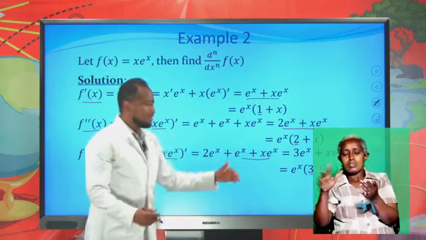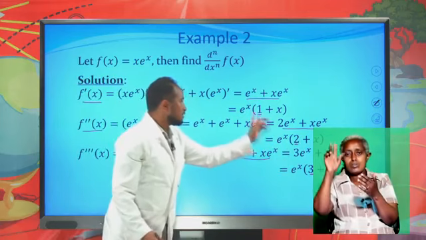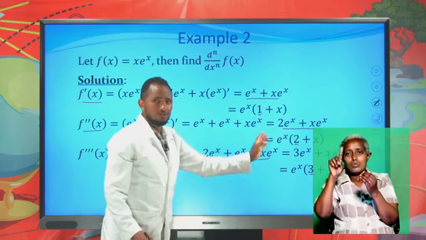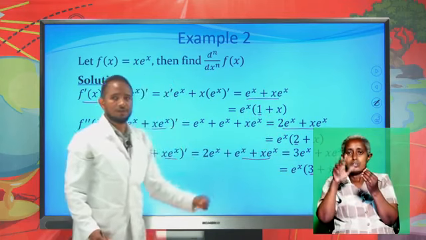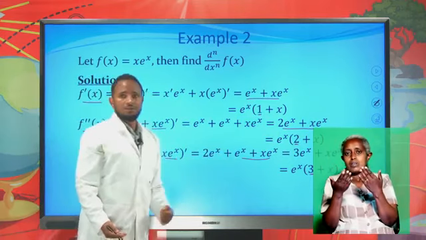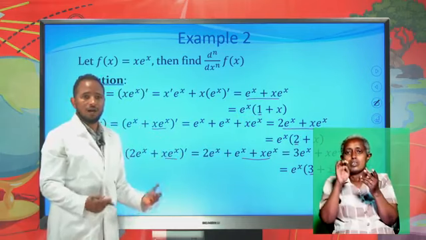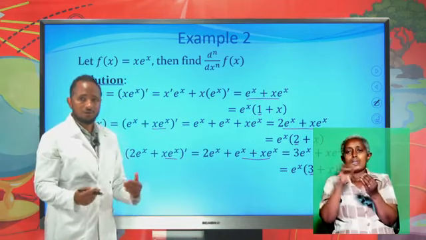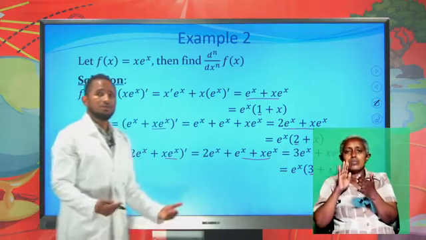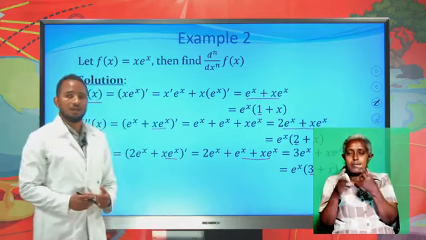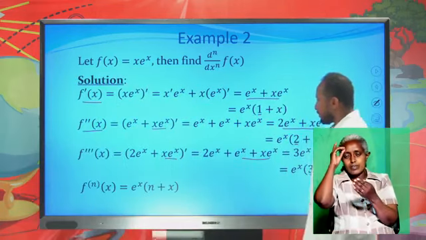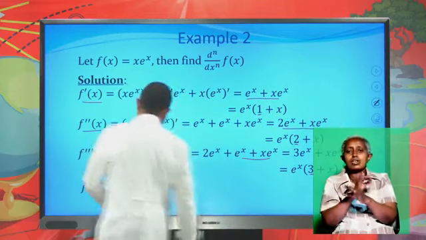So for the fourth, we can see the pattern: it will be e raised to x times 4 plus x. So for the nth derivative, the result will be e raised to x times n plus x.